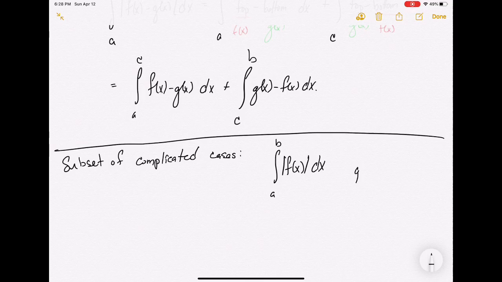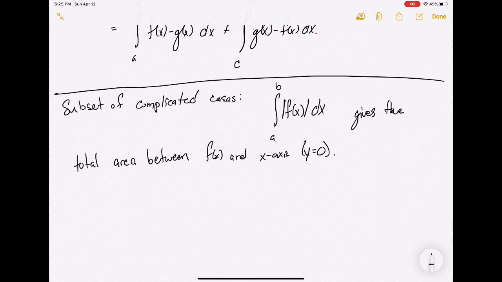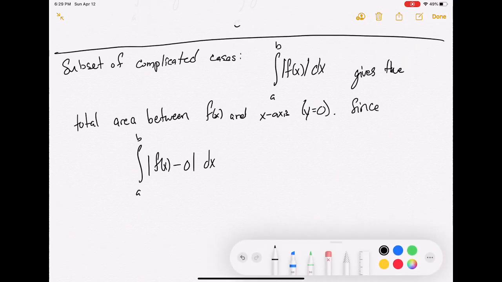This would give the total area between f of x and the x-axis, also known as the function y equals 0. And why is that? Well, that's since this is really just the integral a to b absolute value f of x minus 0 dx. So these are your two functions. In some sense, these are your two curves now.